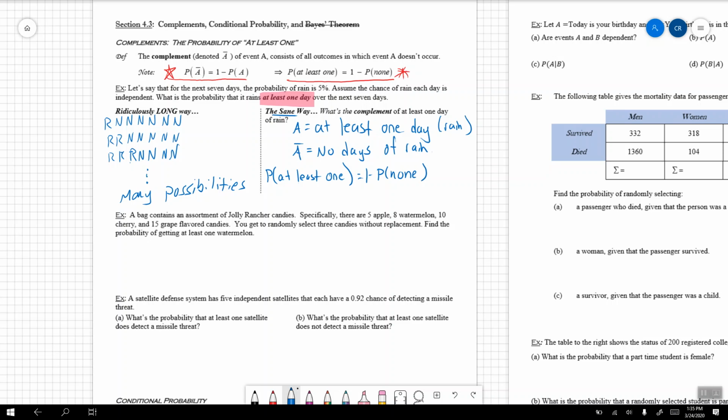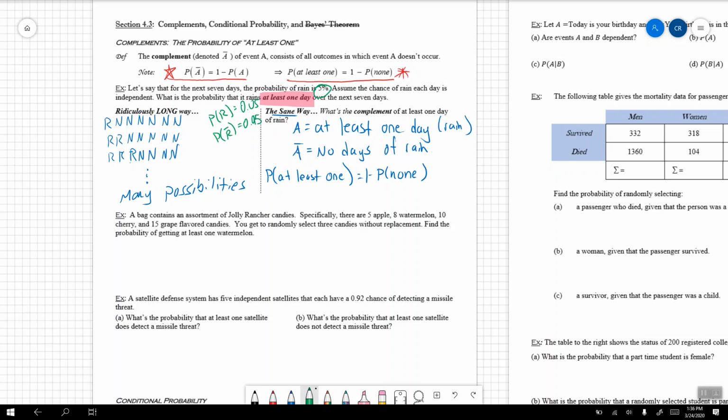So going through that probability is actually not as bad once we have this in play. If the probability of rain is 5% for every single day, so the probability of rain is 0.05, then the probability of no rain should be 0.95.